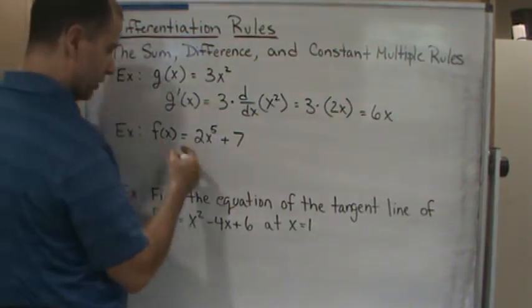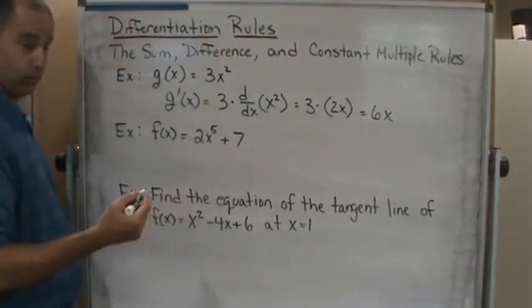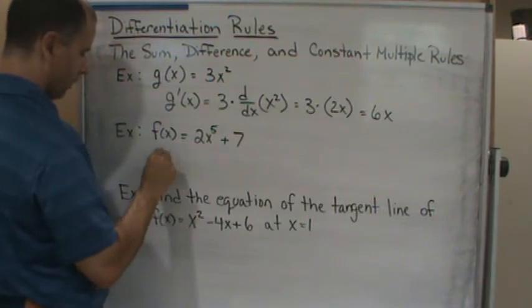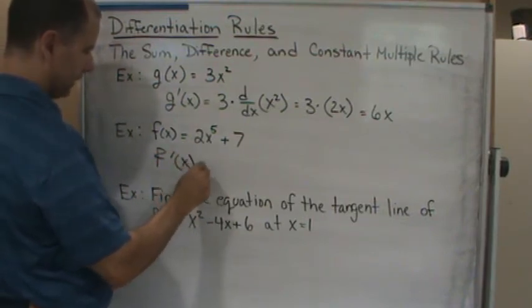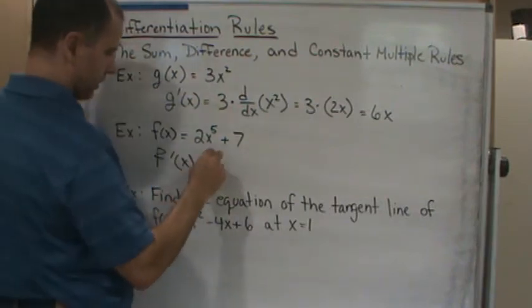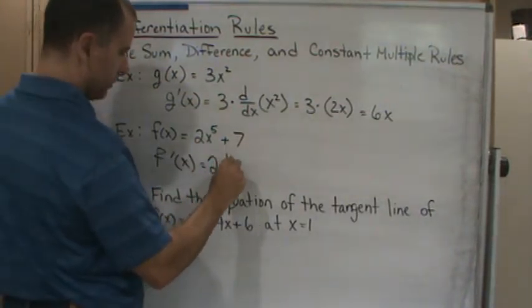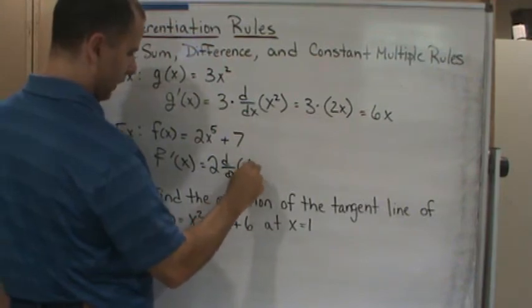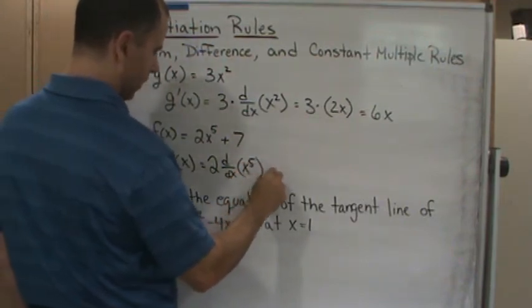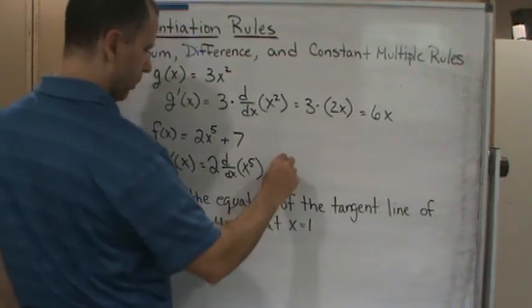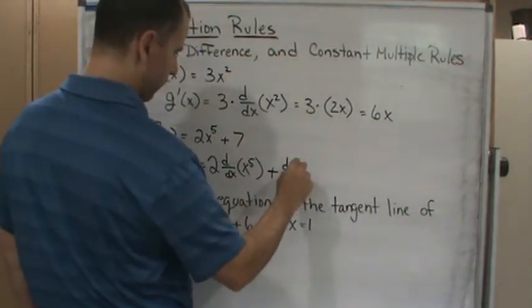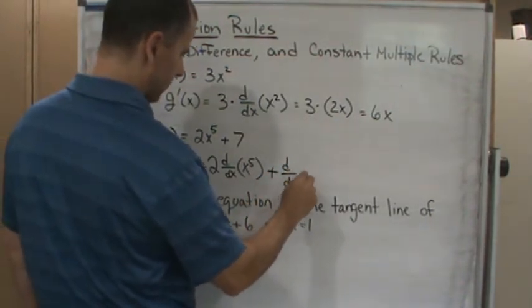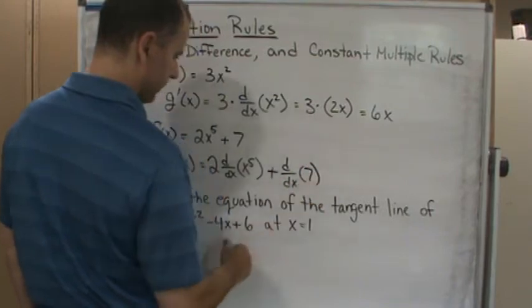So what I'm going to do is do this term by term, okay? So f prime of x equals, first thing we do, 2 times the derivative with respect to x of x to the 5th, plus the derivative with respect to x of 7, right? And this is just a constant.